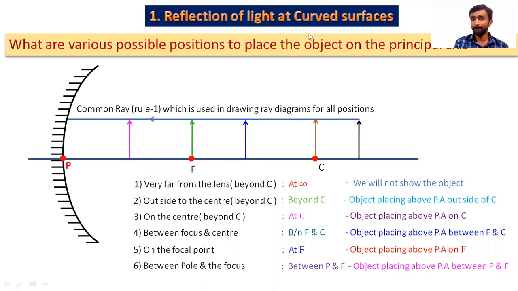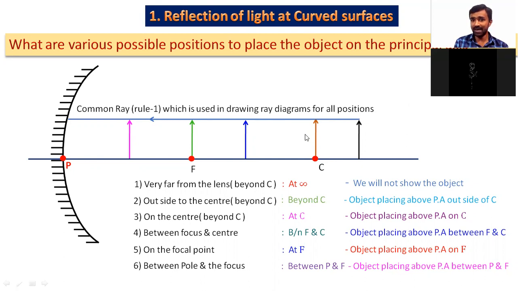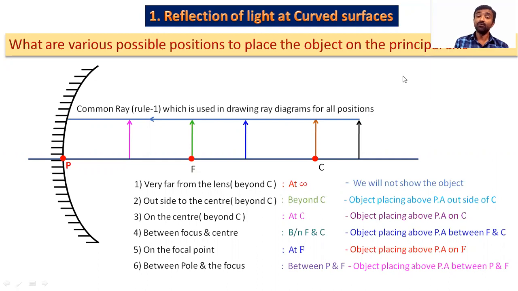What is commonly used in all the ray diagrams? The parallel light ray that started from the top of the object. R1 I am using commonly for any position. I showed 5 positions by keeping the object above the principal axis. For all these, I will use a ray commonly. That is R1, right? That is R1.